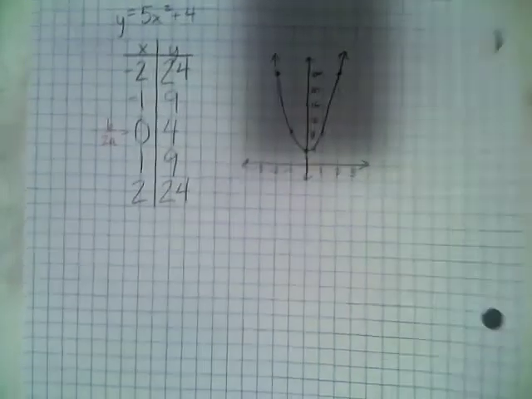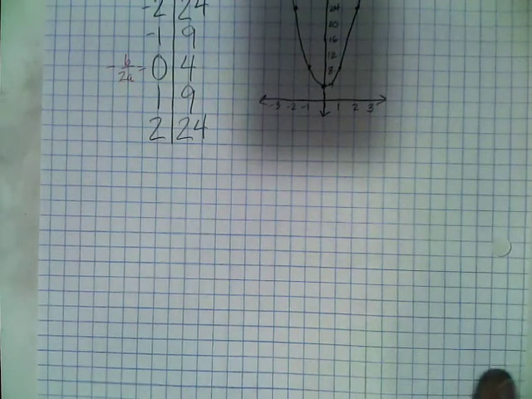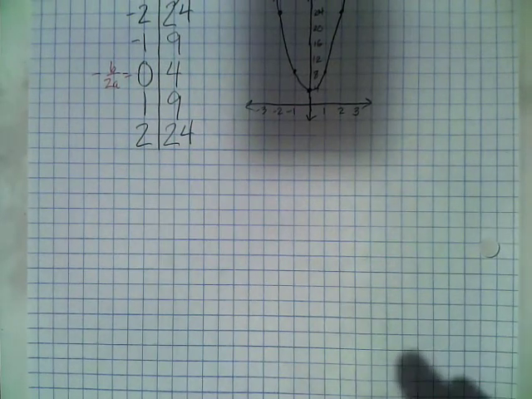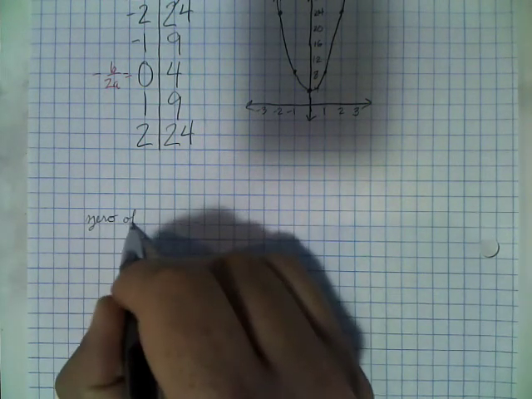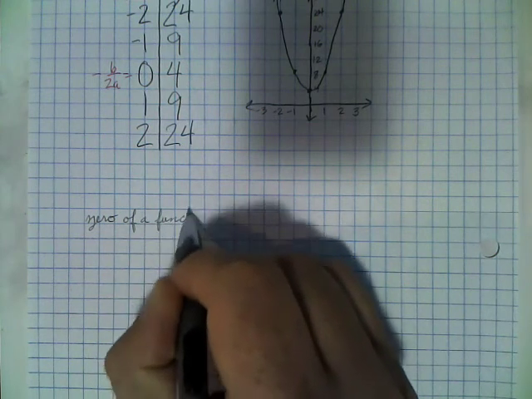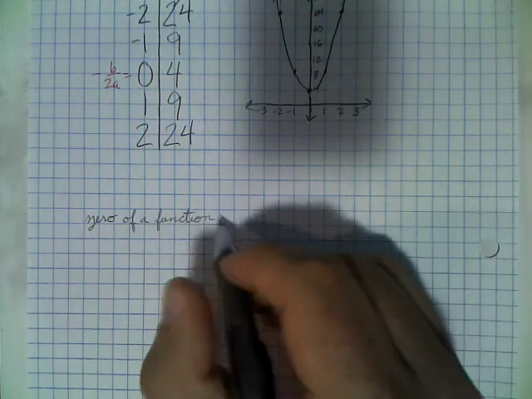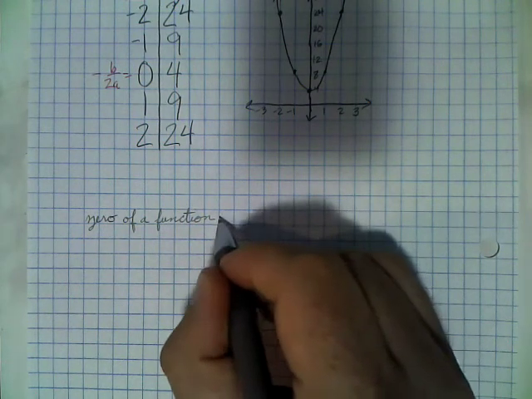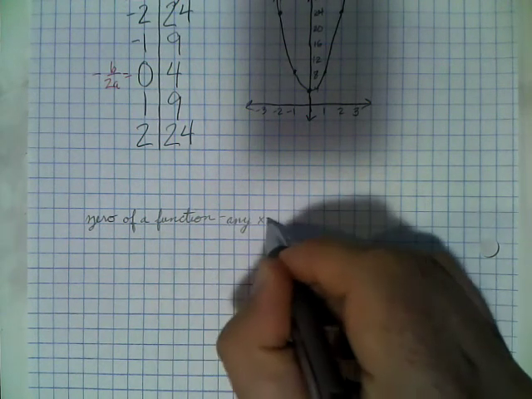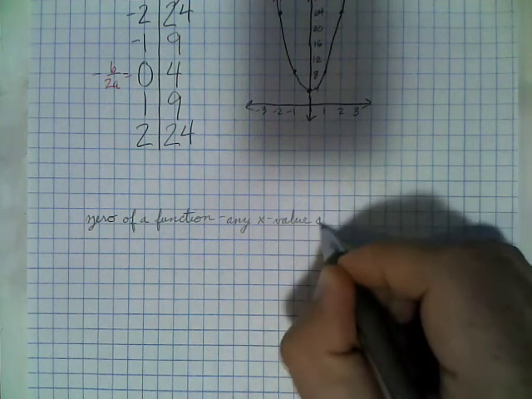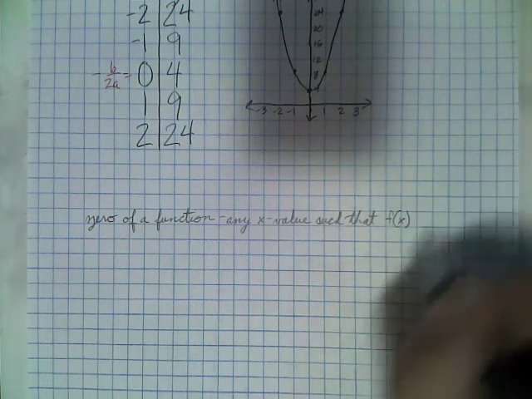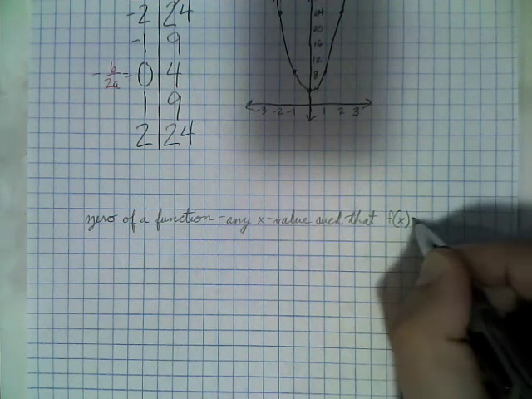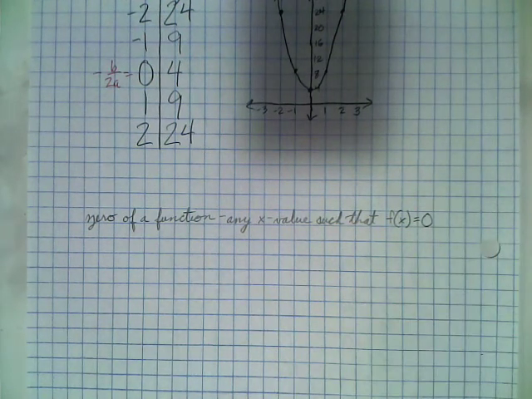So ladies and gentlemen, we're going to throw back now to one of the labs that you did recently, where in the course of the lab you ended up talking about the zeros of a function. So to define that here in our notes, a zero of a function is any x value such that when we use that value in the function, it equals 0.